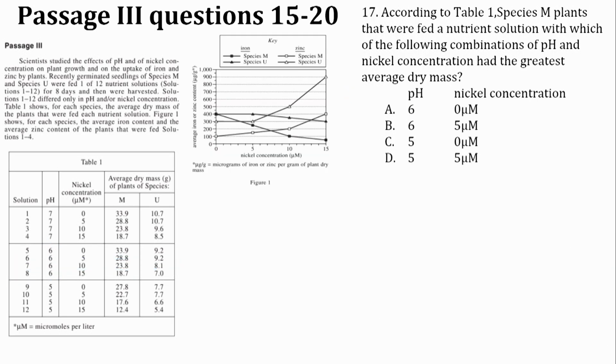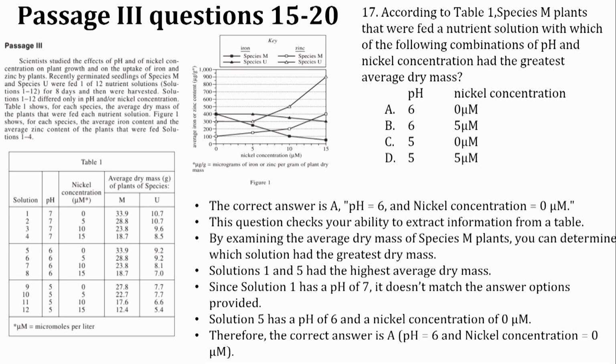This is 17. 17 says, according to Table 1, species M plants that were fed a nutrient solution with which of the following combinations of pH and nickel concentration had the greatest average dry mass? Those are our different answer choices, but the correct answer is A, pH of 6 and a nickel concentration of 0 micromoles per liter.